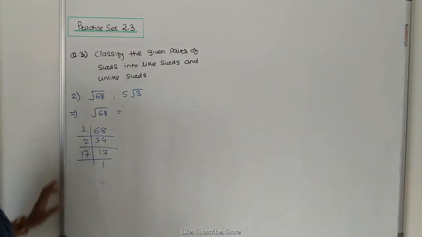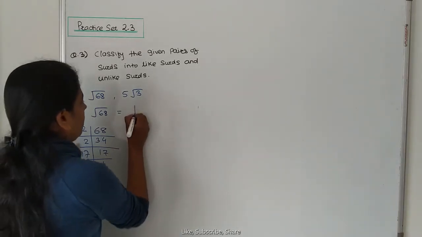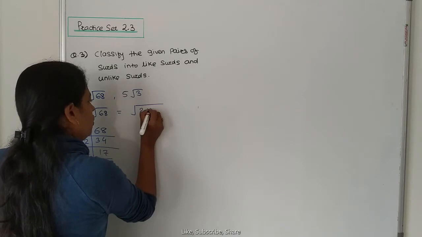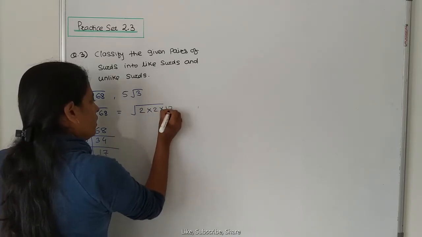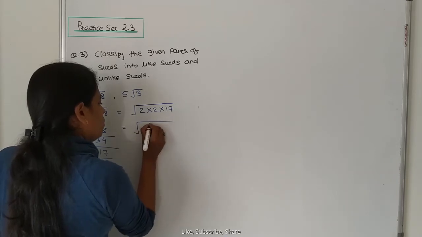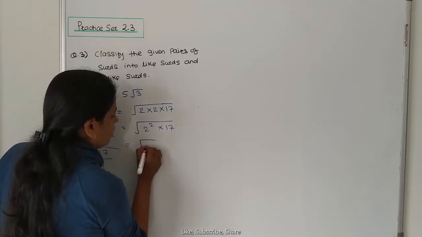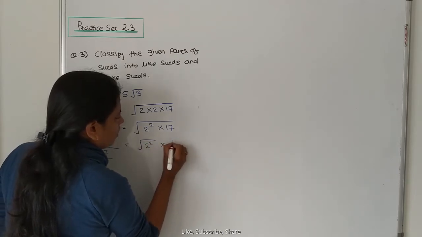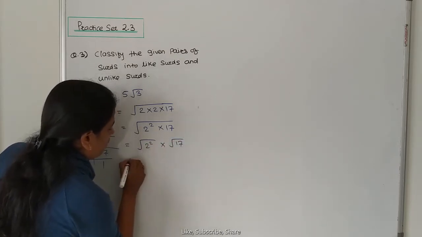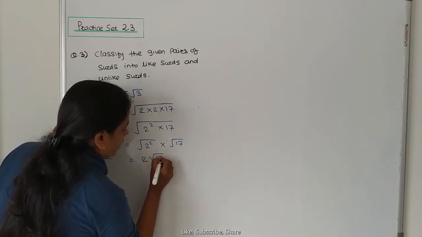So now we have to write like this here. We have to get here 2 into 2 into 17. Now 2 raised to 2 into 17 is there. So separate the square root sign. Then what we have to get? 2 root 17 is there.